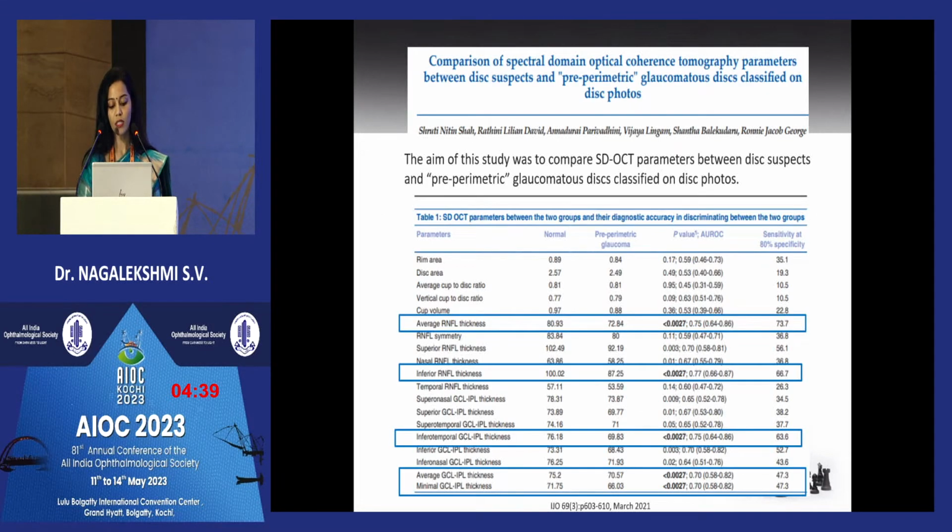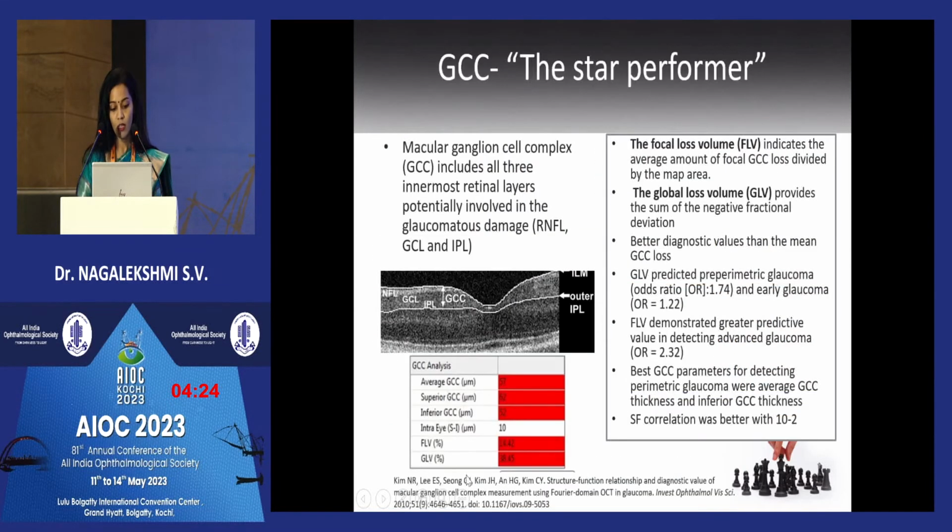However, a study from Shankar Nethralaya published in 2021 on pre-perimetric eyes showed only a significant difference in the following parameters, which were average RNFL thickness, inferior RNFL thickness, infratemporal GCL IPL thickness, average and minimal GCL and IPL thickness. So talking about the ganglion cell complex, it includes the RNFL layer, GCL, and the IPL.